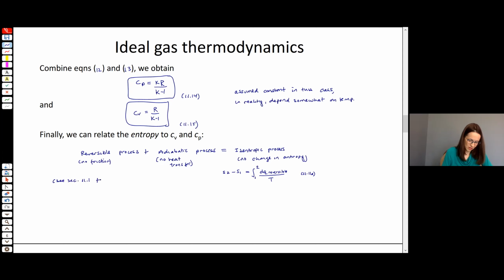All right, here I'm just going to write: see section 11.1 for details, and write down the following two expressions for changes in entropy. One is in terms of the specific heat C sub V and one is in terms of the specific heat C sub P. In this equation, we've got the natural log, not log base 10.